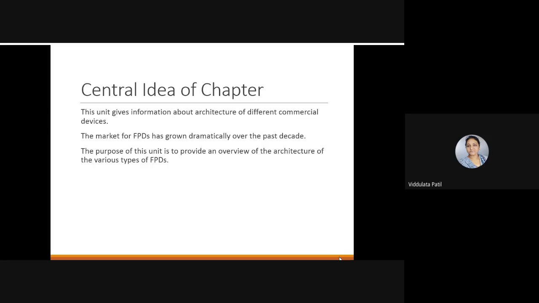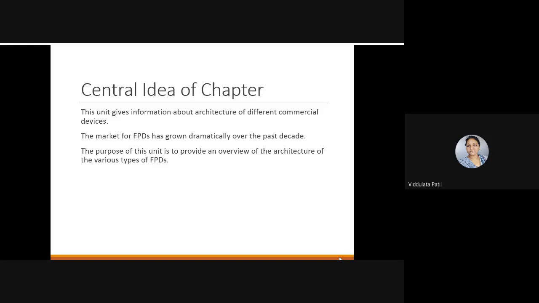Now, the central idea of this chapter. Okay. The central idea behind this chapter is to give information about the architecture of different commercial devices. As the market for field programmable devices has grown dramatically over the past decade, there is very much advancement in these FPDs.